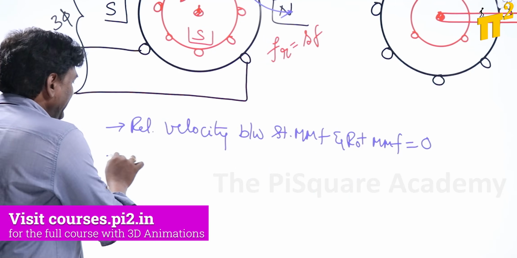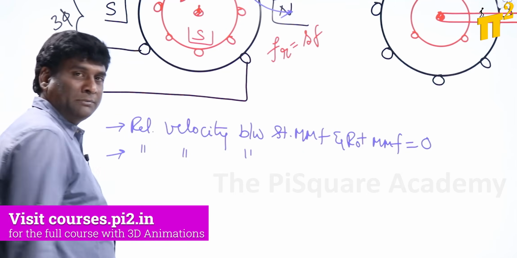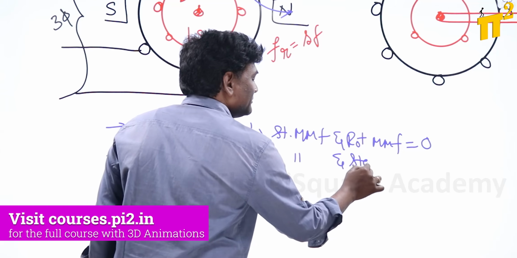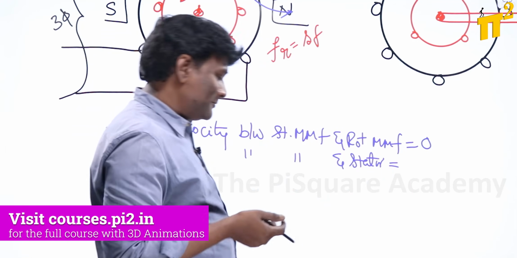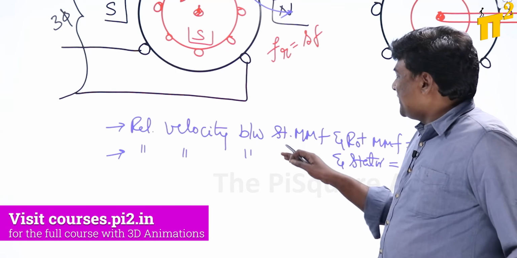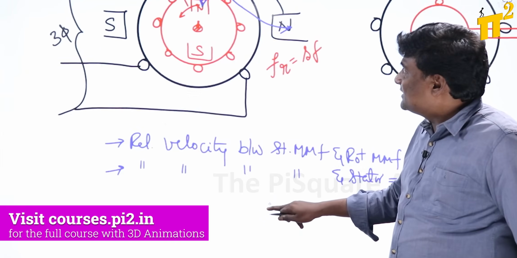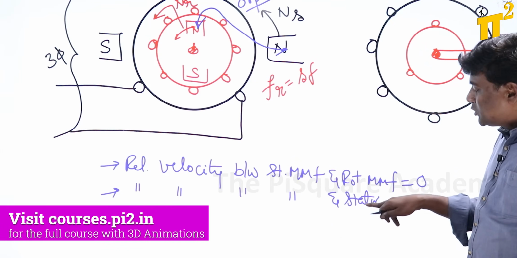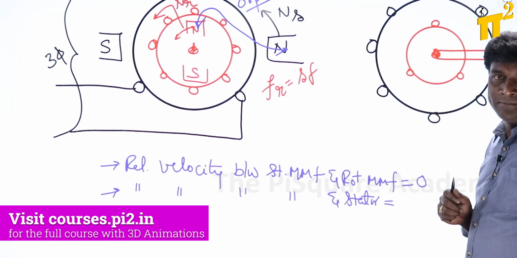Next is the relative velocity between stator MMF and stator. Of course you know this, but let me extend it. Meaning that you are sitting on the stator, so the physically existing device or particular point is the stator.